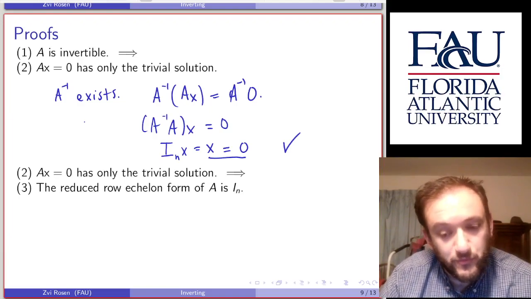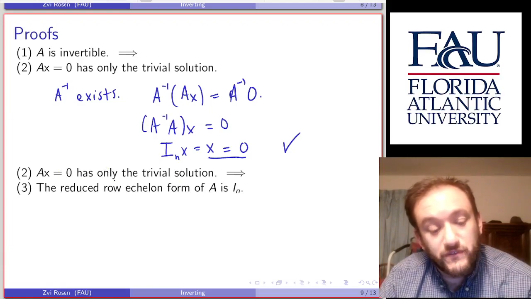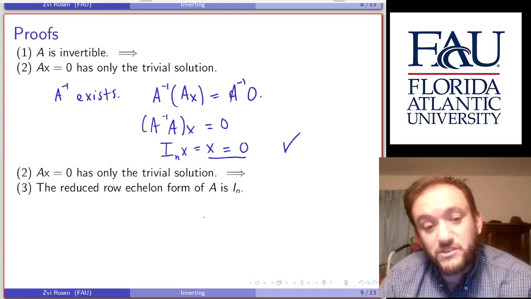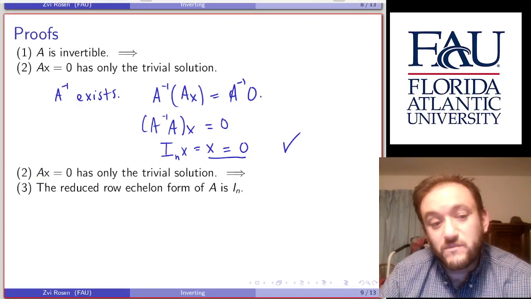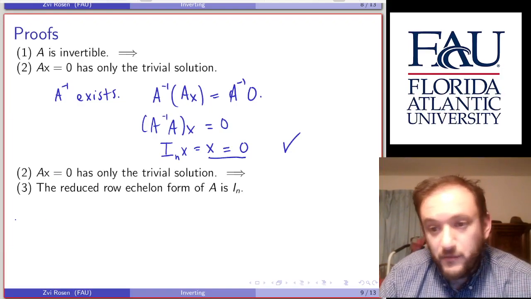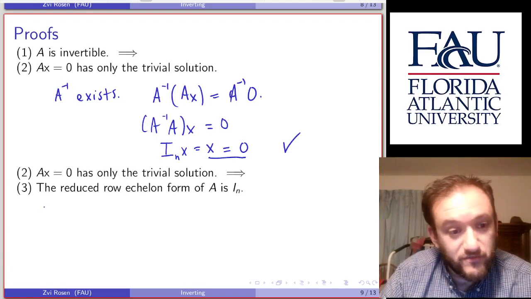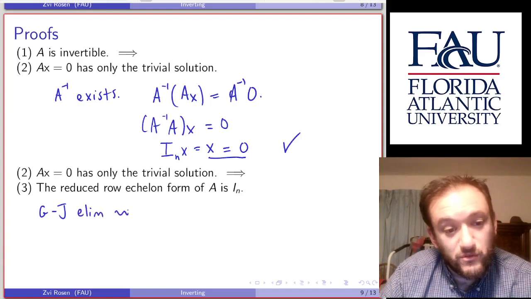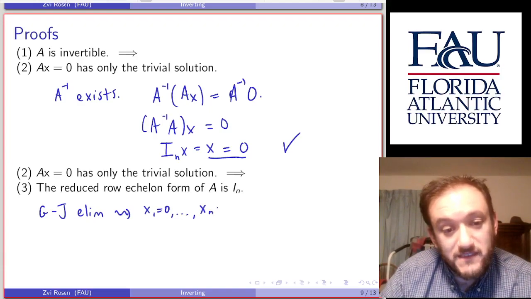Now we can prove 2 implies 3. If Ax equals 0 has only the trivial solution, then the reduced row echelon form of A is I_n. So if Ax equals 0 has only the trivial solution, that means that through some manipulations, possibly by way of Gauss-Jordan elimination, I'm going to arrive at the conclusion that x1 equals 0, x2 equals 0, etc., and xn equals 0.